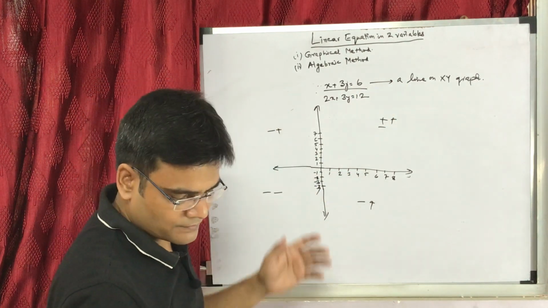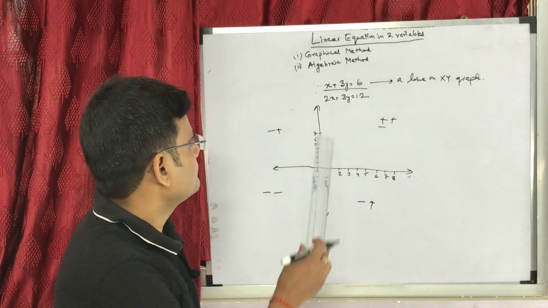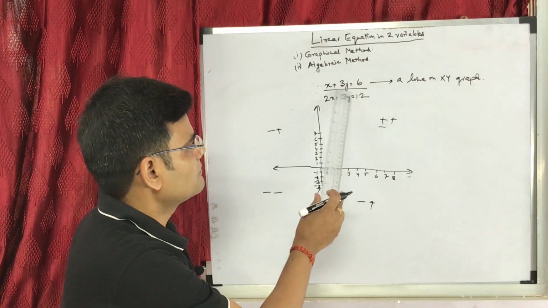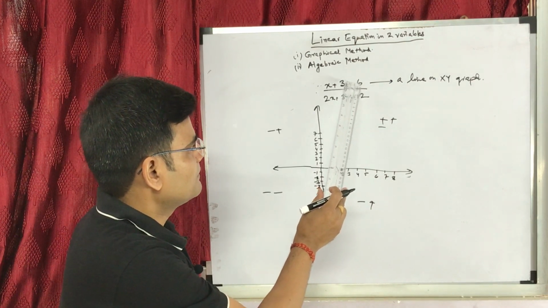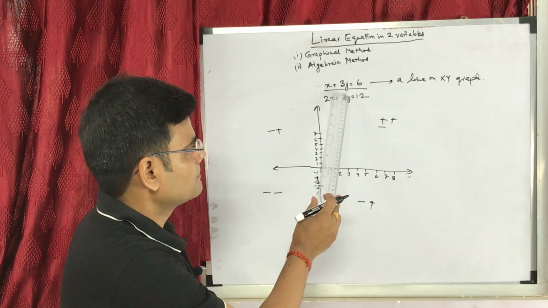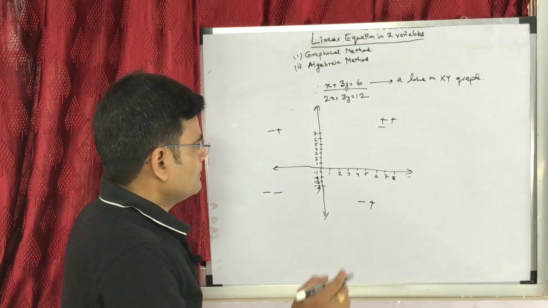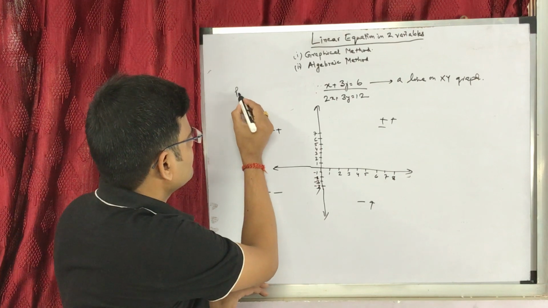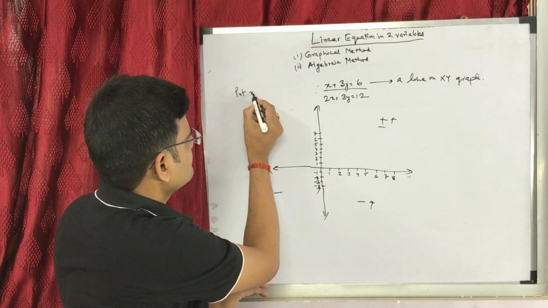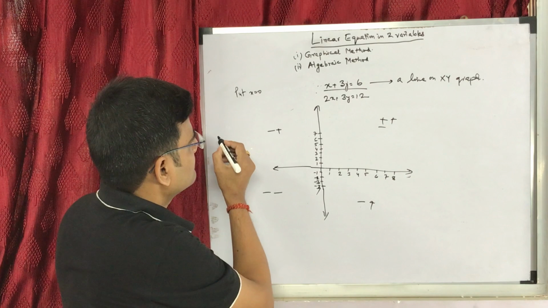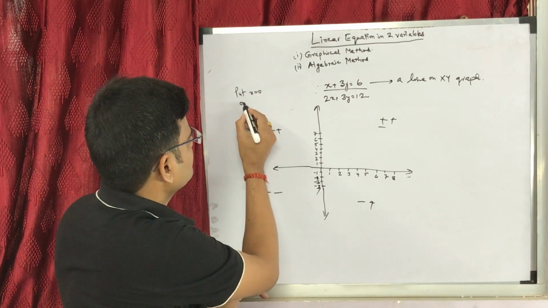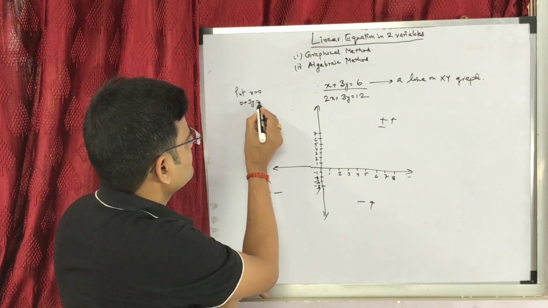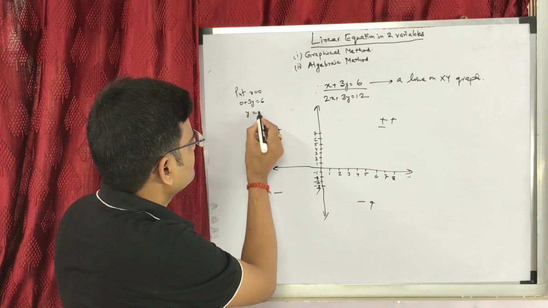So first of all, you take the first equation, x plus 3y equals 6, and first draw a line for it. How do you do that? The first step is to put x equals 0. So 0 plus 3y equals 6, y equals 2.